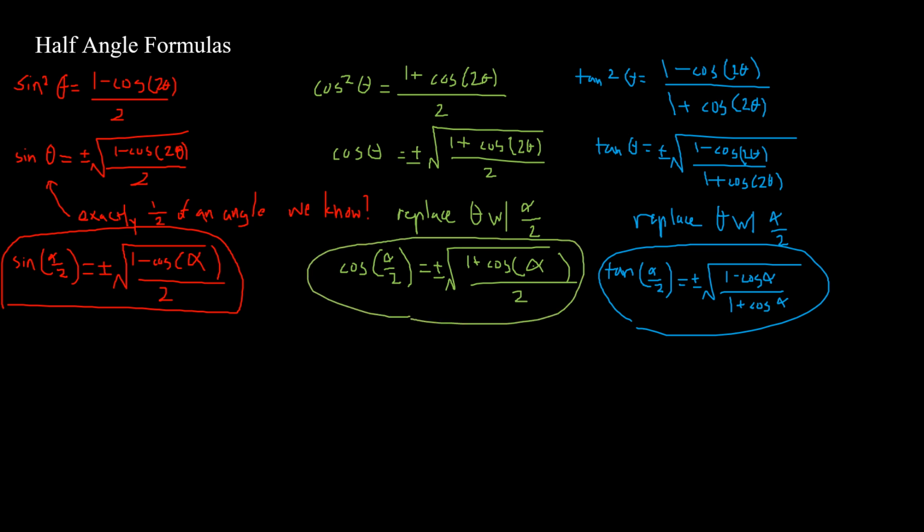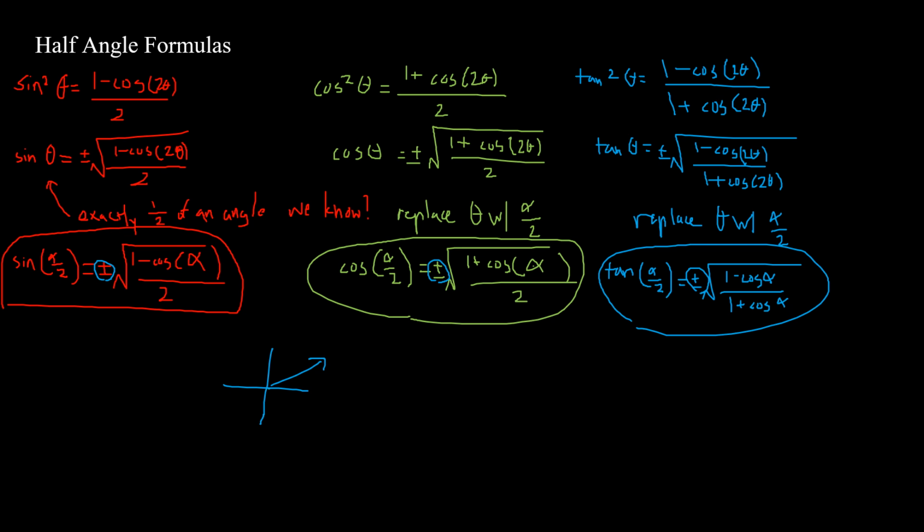One thing that I want to make note of is that the plus minus signs in all of these equations do not imply that both answers are correct. What it really says is that it could be positive or negative, but whether it's positive or negative is going to depend on the quadrant that you are in.